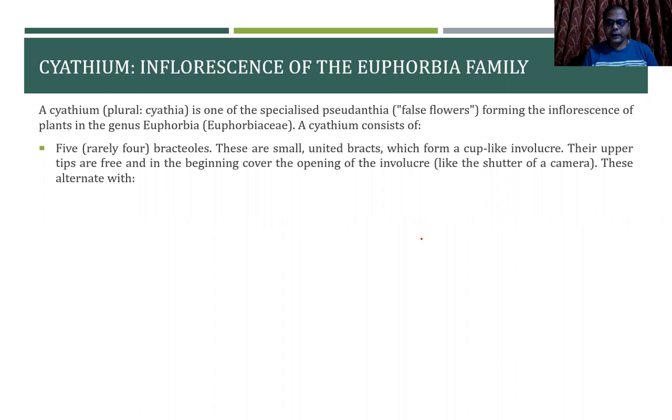So we have seen that the cluster of bracts converts into a cup-like structure, that is what we call the involucre. The upper tips are free and the beginning of the covers opens into the involucre.